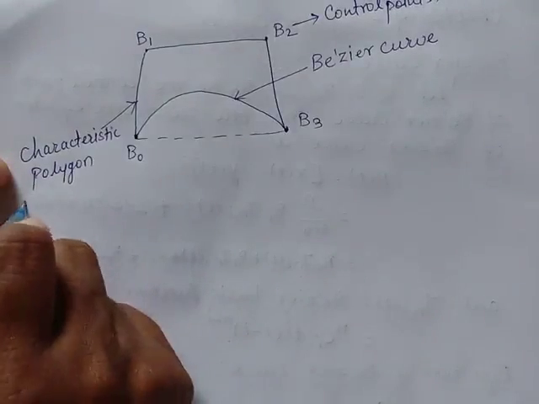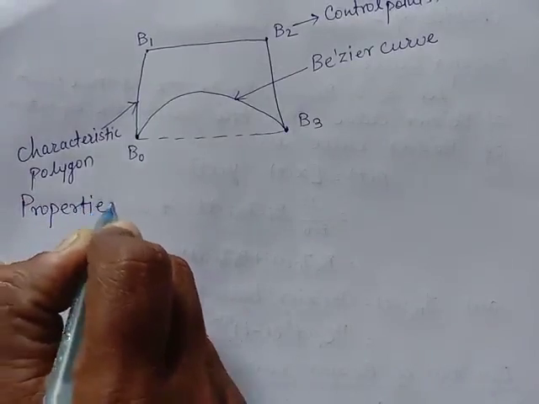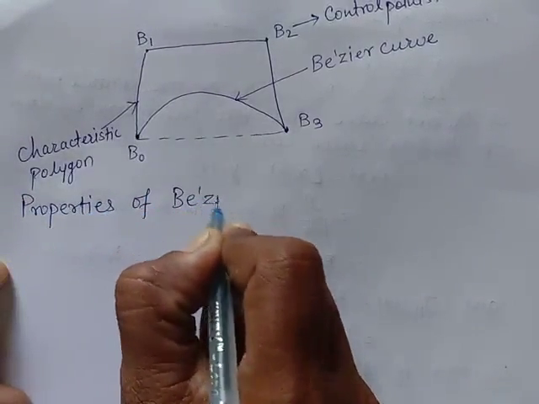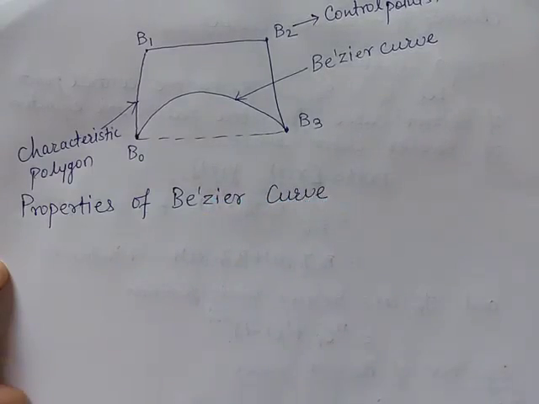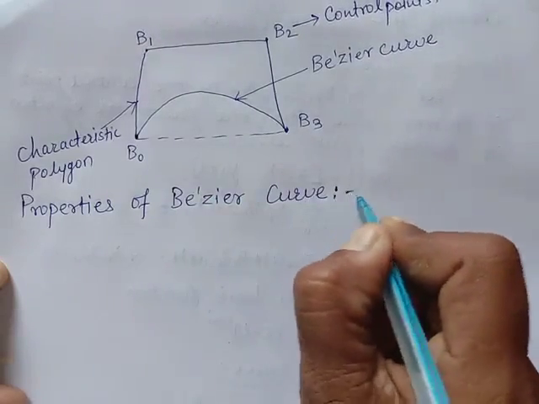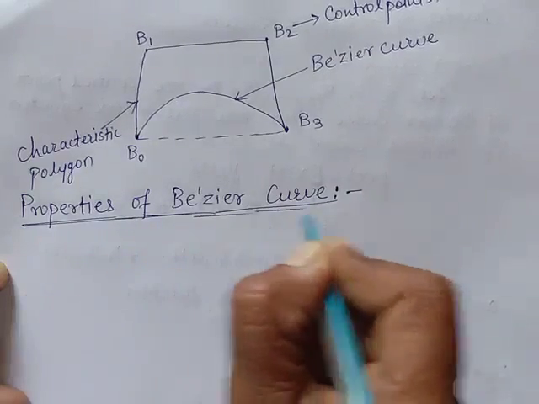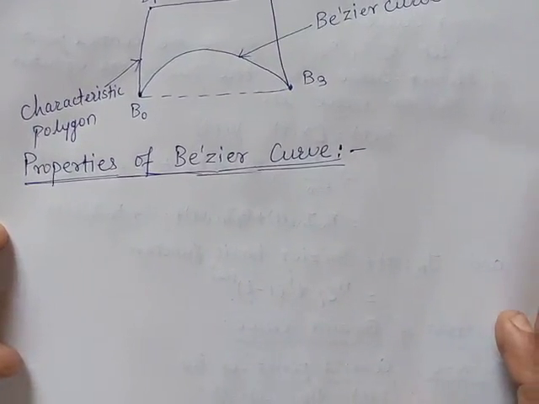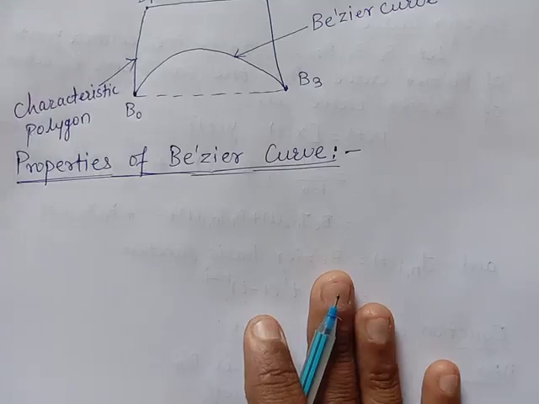Properties of Bezier curve. Maybe sometime a question will be there in the theory exam that states a few properties of Bezier curve. Now here it can be asked as a multiple choice question to you, or also for true and false.